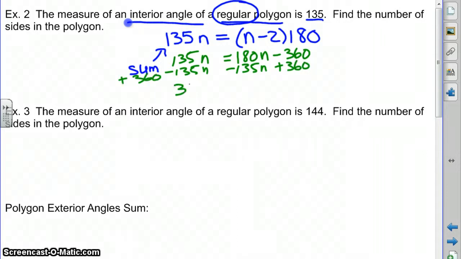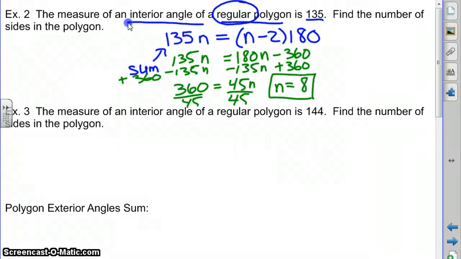That leaves me a positive 360 degrees on this side and 45 times n degrees on that side. Divide both sides by 45, and I come up with n of 8 sides.